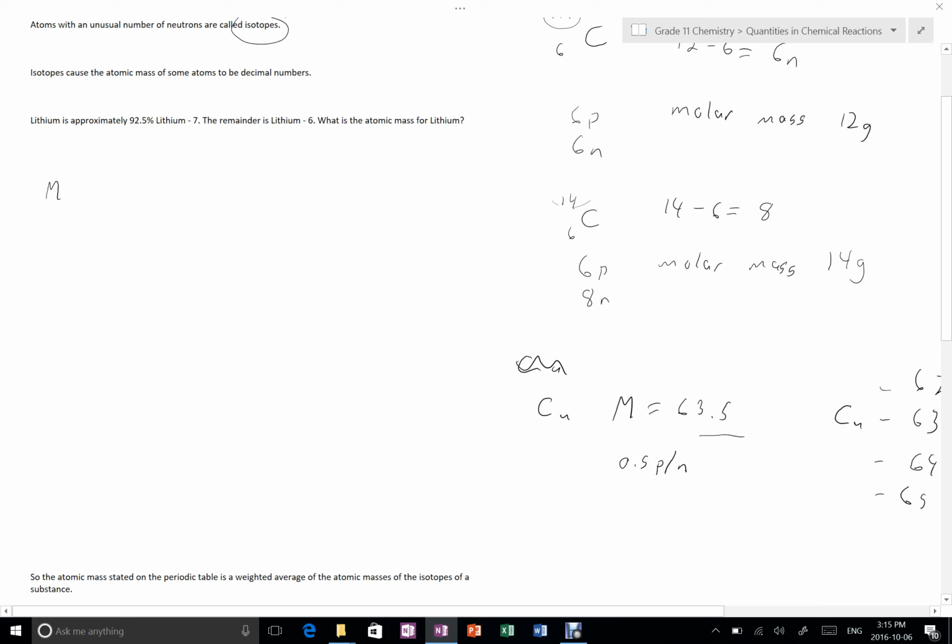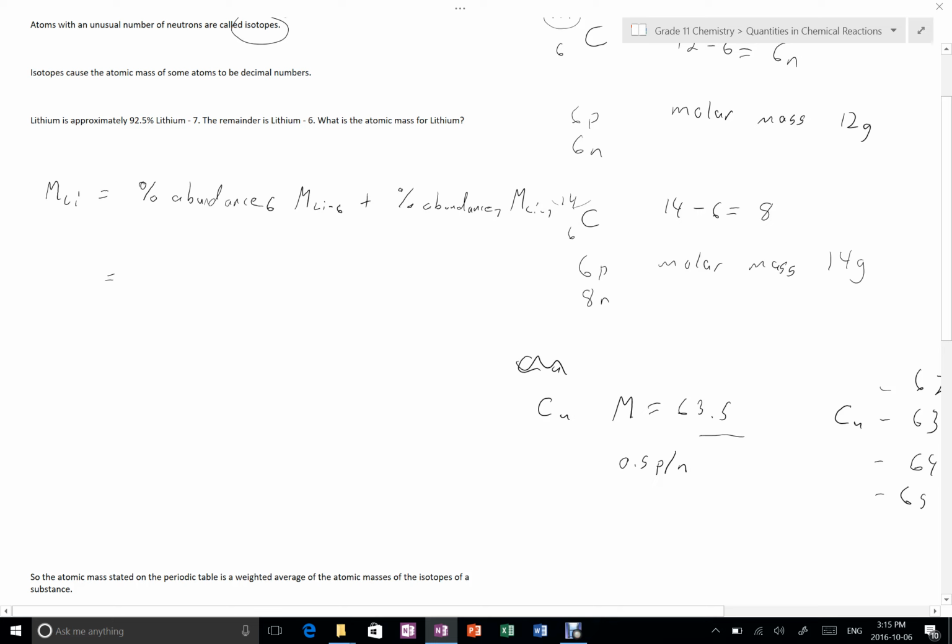The molar mass for lithium is going to be equal to the percent abundance of an individual isotope. So for example here, percent abundance of 6 times the molar mass of lithium 6 plus the percent abundance of 7 times the molar mass of lithium 7.